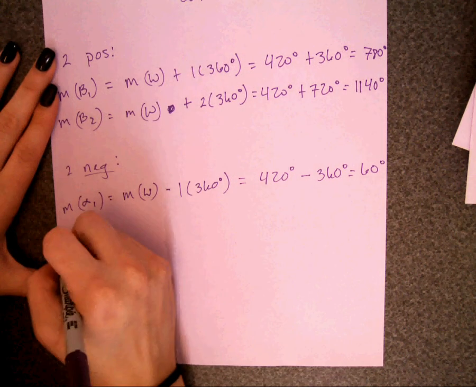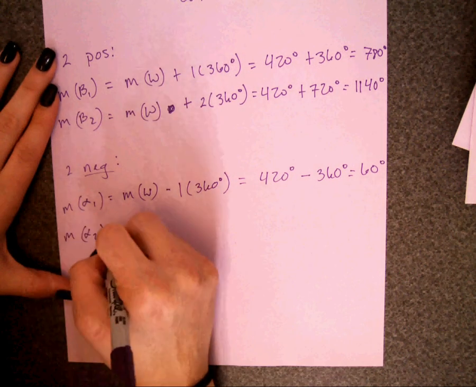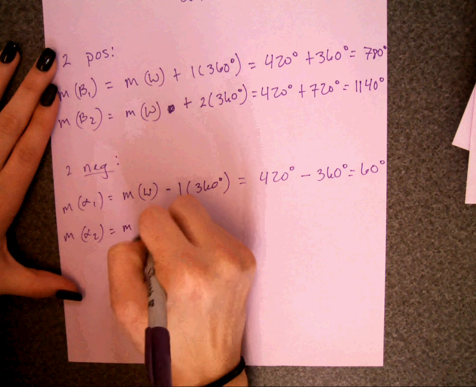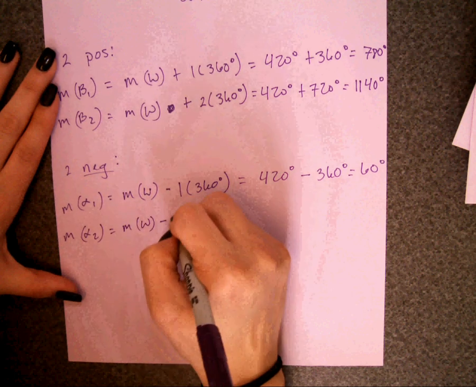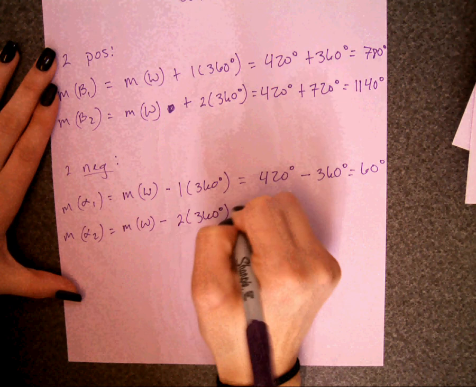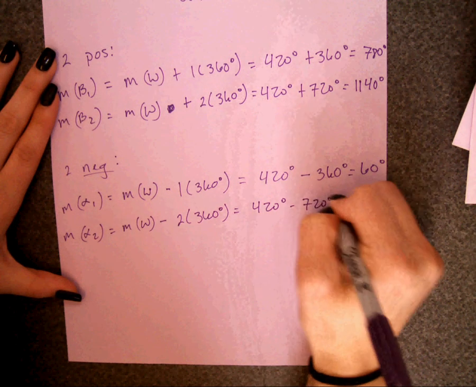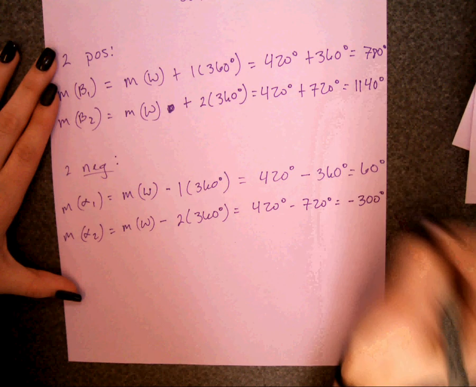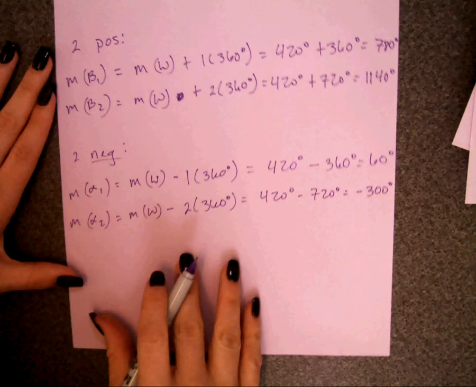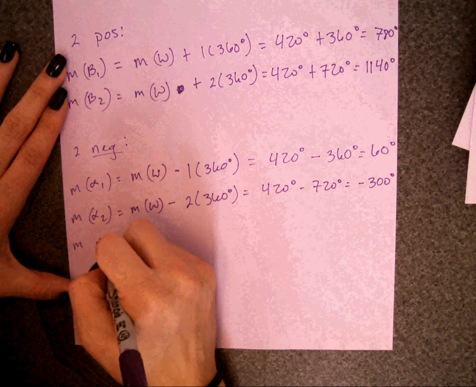So let's say alpha 2. Measure of angle W minus 2 times 360. It's going to give me 420 minus 720, which gives me negative 300 degrees. So there's my first negative coterminal angle. And to find the second, I'm just going to have to do it one more time.